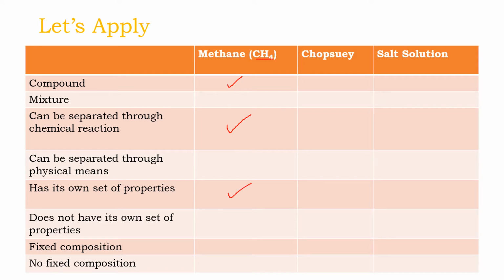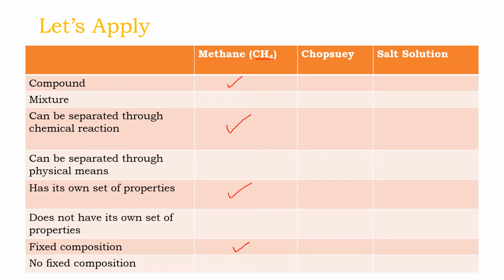At kapag sinabing compound, fixed po ba yung composition niya or no fixed composition ba siya? Look at the formula. So kapag sinabing fixed, dapat eksakto. So CH4, isang carbon, apat na hydrogen. So ibig sabihin fixed composition siya. Okay, so look at the pattern. So kapag compound po ang sagot ninyo, automatic ito po yung mga may check na susunod.